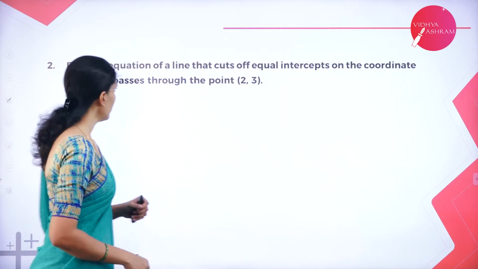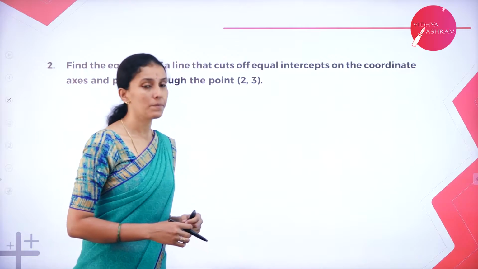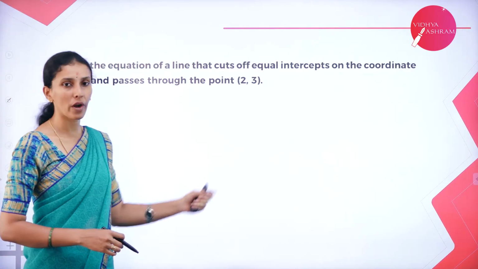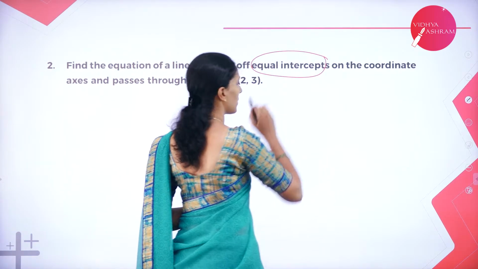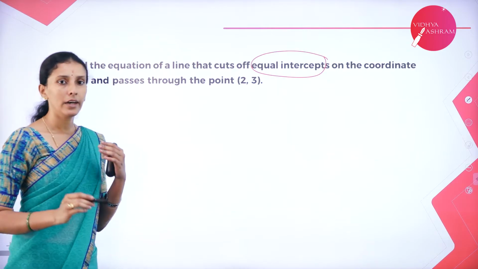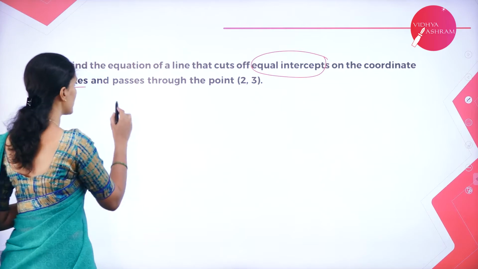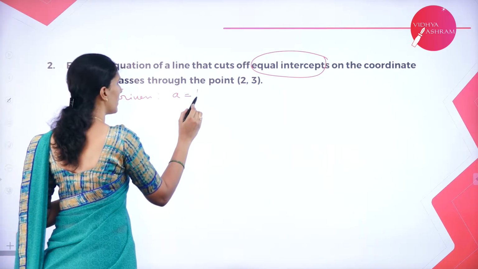Next question is given. Find the equation of a line that cuts off equal intercepts on the coordinate axis and passes through the point (2, 3). Here they have given equal intercepts on both axes. So the x-intercept and y-intercept are same. So that is nothing but given a is equal to b.